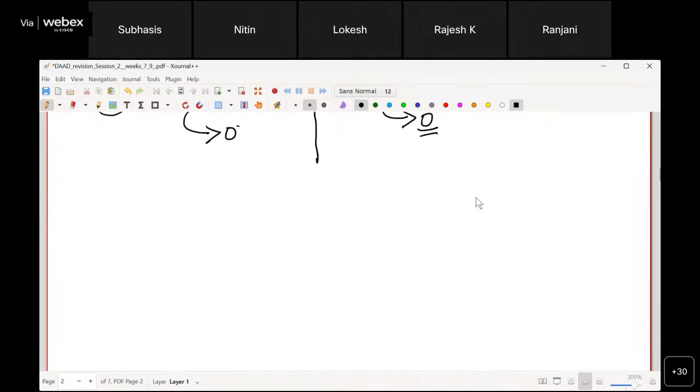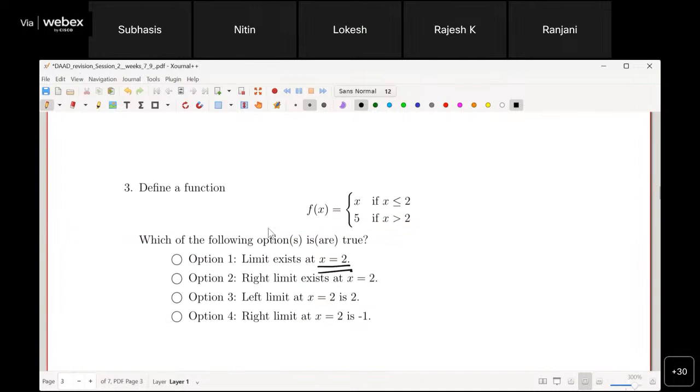As you can see here, this function is defined on R. So this is a map from some set of reals to R. What we want to do is find the limit of this function.